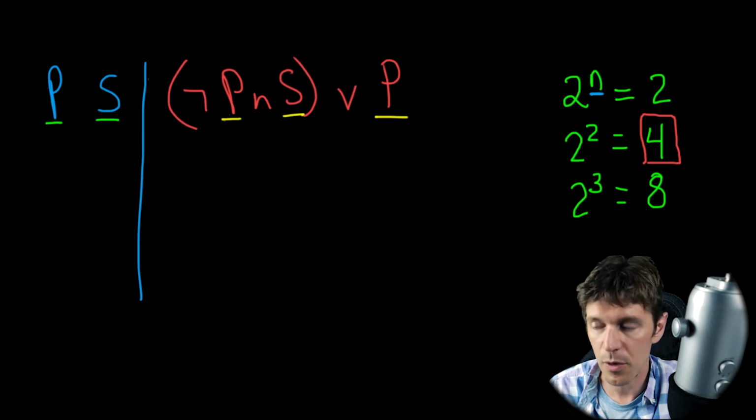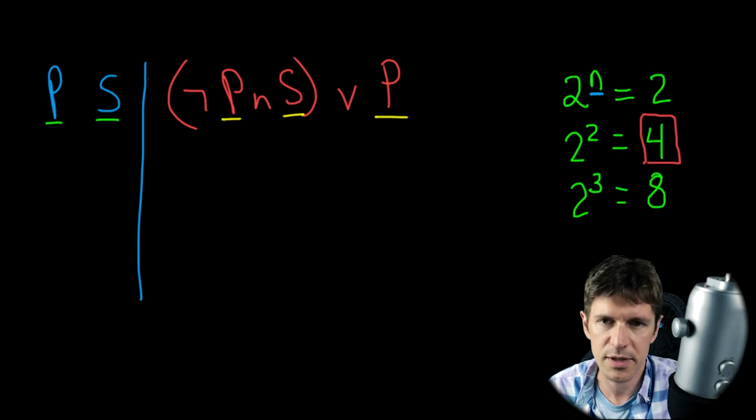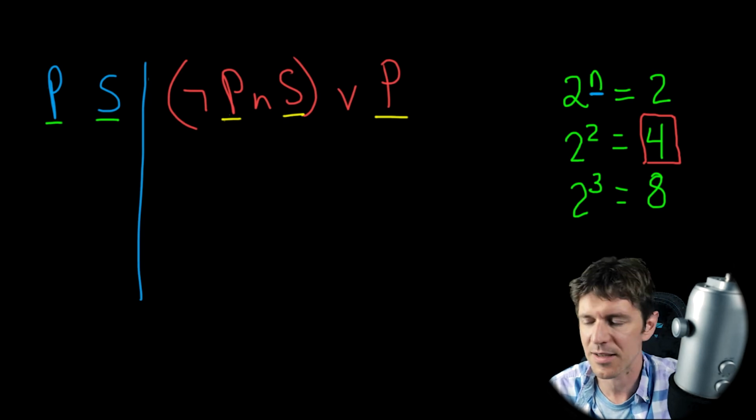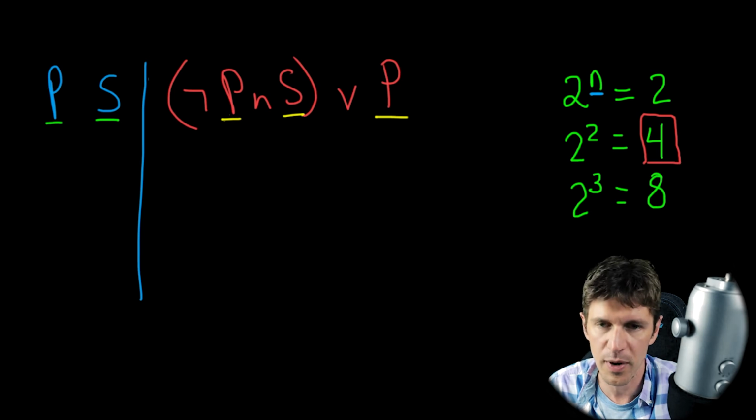All 4 rows together will represent all of the different or distinct ways we can assign truth values to P and S. These are known as interpretations. An interpretation is an assignment of a truth value, T or F, but not both, but not neither, to P and S. So we need to fill out all of the ways of assigning truth values to P and S in this row.